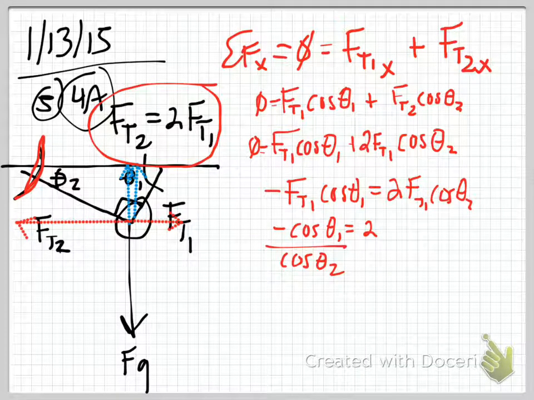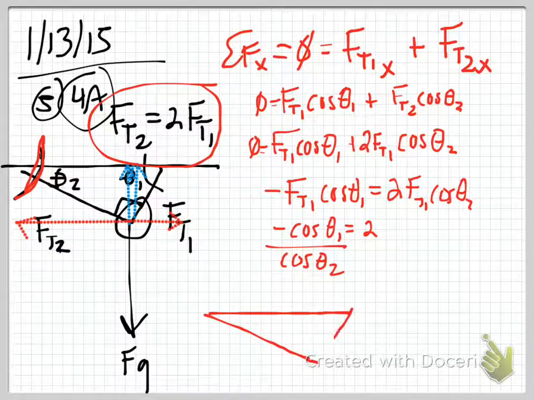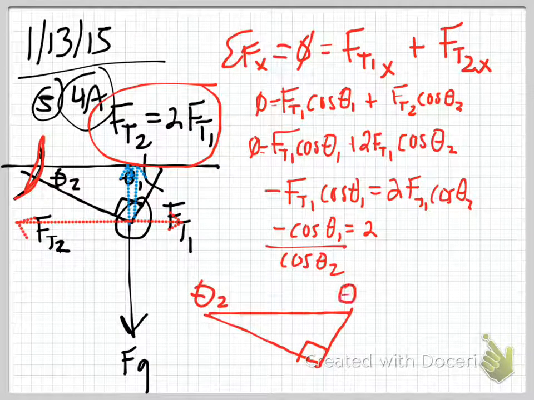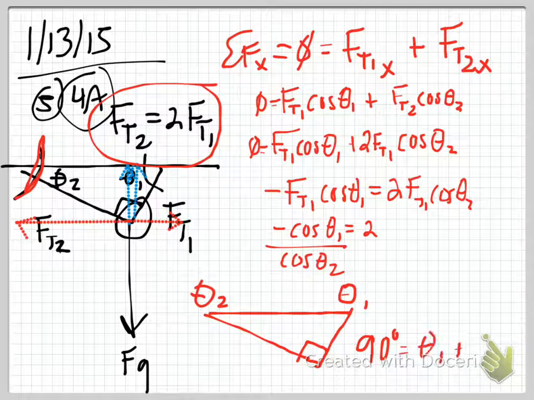So if we look at these two angles as part of a larger triangle, where we have theta 2 and theta 1, what relationship must exist with these angles? Pardon? They add up to 90. So that means that 90 degrees is equal to theta 1 plus theta 2. We now have a way to eliminate one of our variables.